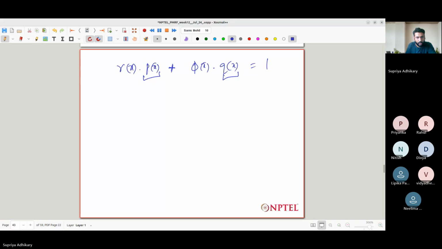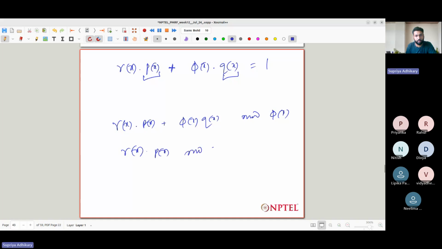So now, if we consider this value in mod phi(x), so R(x)P(x) plus phi(x)Q(x) equals 1, in mod phi(x), that actually would give us R(x)P(x) mod phi(x).